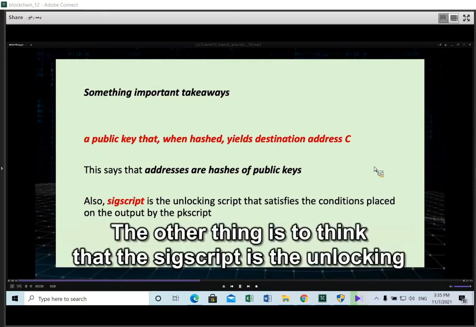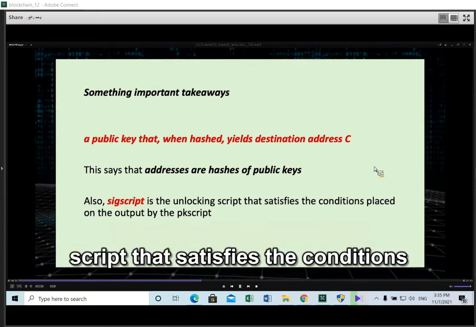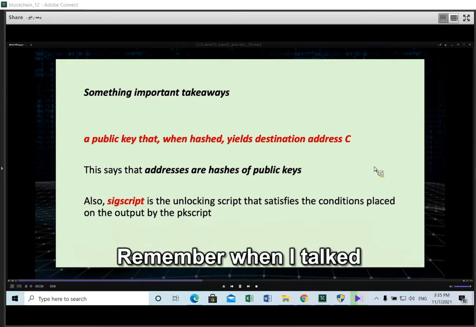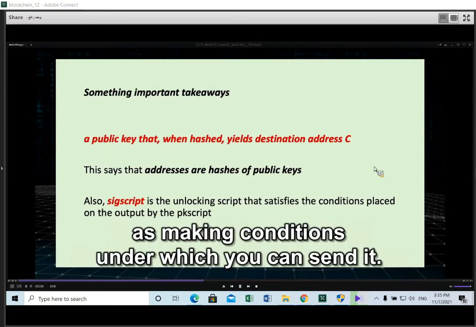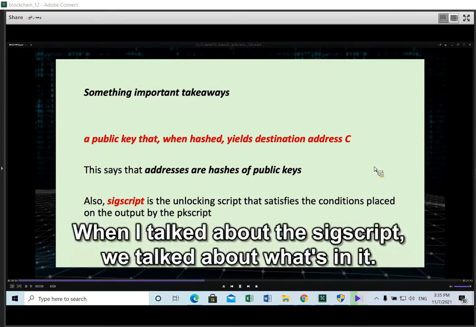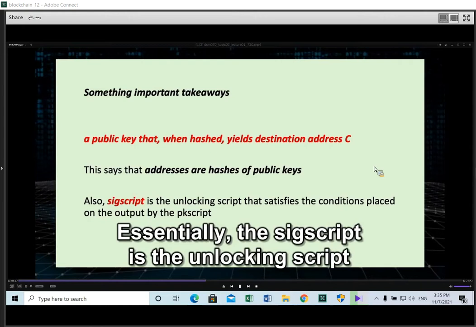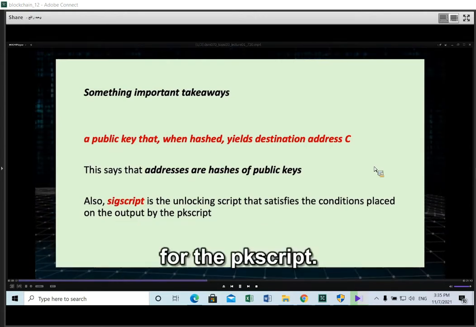The other thing is to think of the SIG script as the unlocking script that satisfies the conditions placed on the outputs by the PK script. When I talked about the PK script, I described it as making conditions under which you can spend it. When I talked about the SIG script, we talked about what's in it. The SIG script is the unlocking script for the PK script.